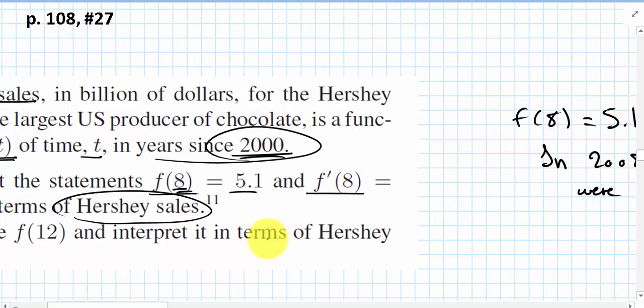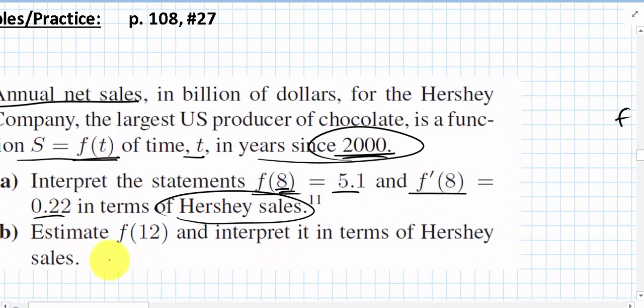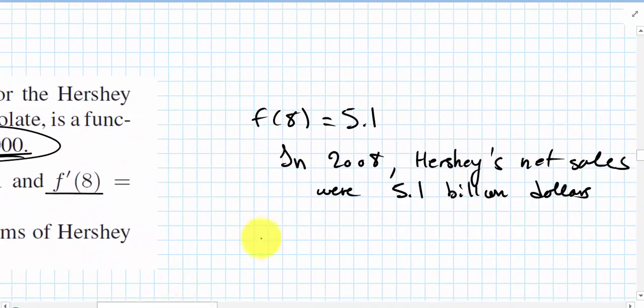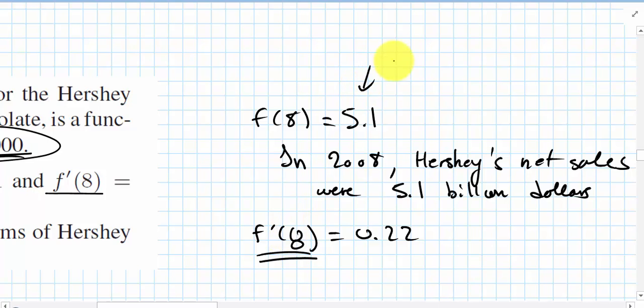What does it mean that f prime at 8 is 0.22? So how do you interpret f prime at 8 is 0.22? Well, that's a derivative, right? Derivative is the instantaneous rate of change. So rate of change is output over input. Output is in billions of dollars, input is in years.